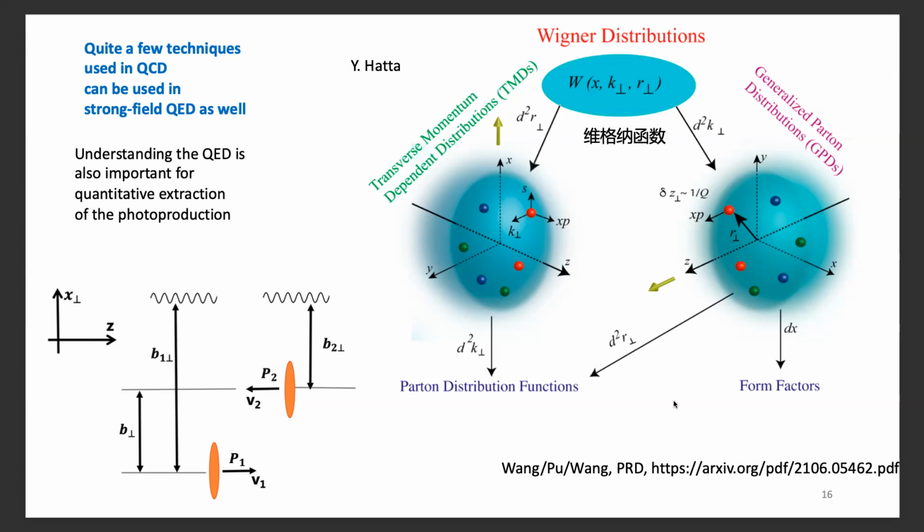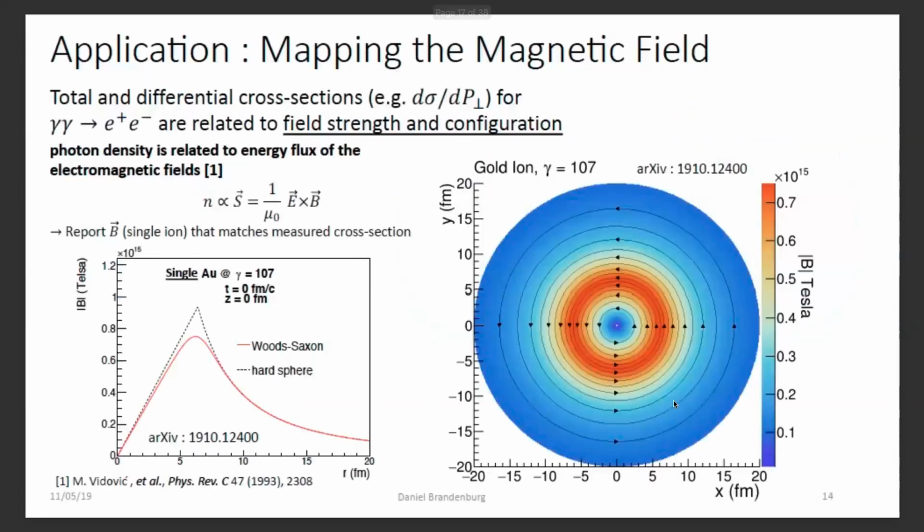So it's like a Wigner function, as for gluons or quarks, but here the magnetic field or the photon field distribution really has a Wigner function. The momentum and space are really correlated. For the first time, we actually can demonstrate that to be true. So you can actually map out the magnetic field distributions, right?